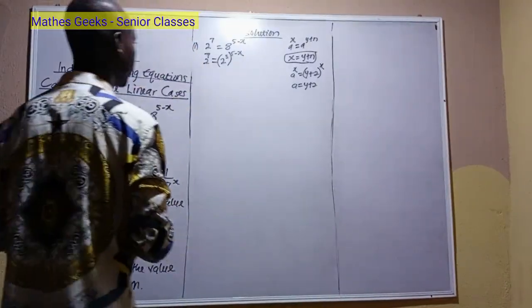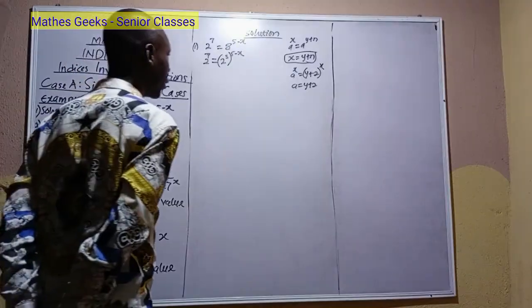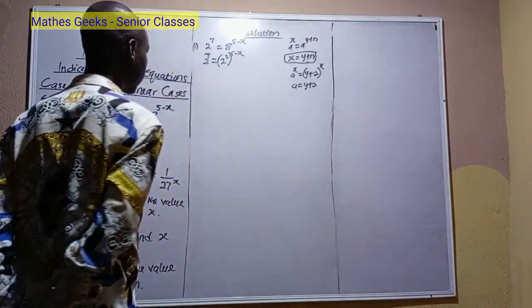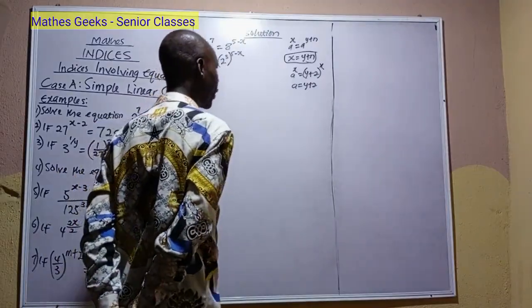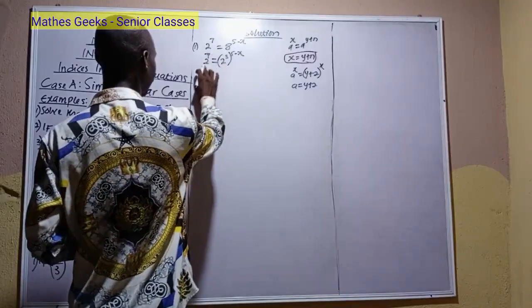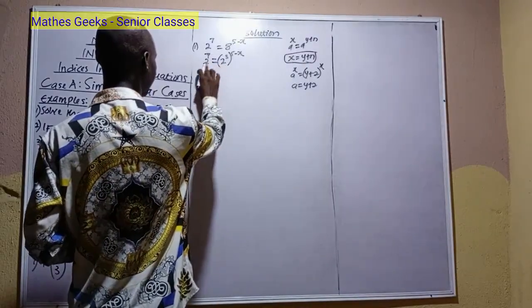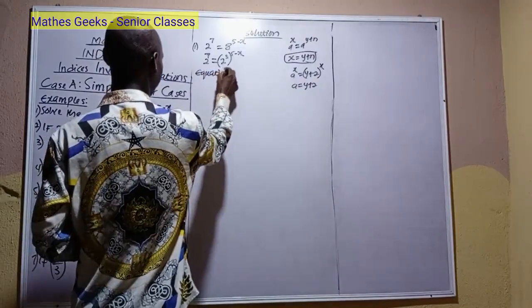So in cases where indices form an equation, we must look out for bases that are the same or powers that are the same. In this particular case, the bases are the same. 2 is equal to 2, so we are equating bases.